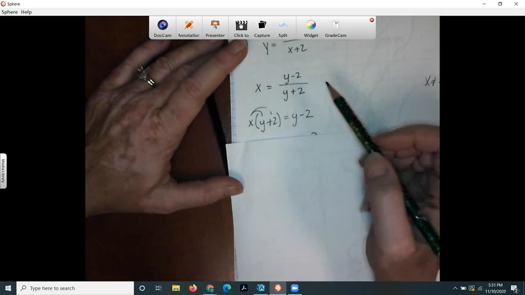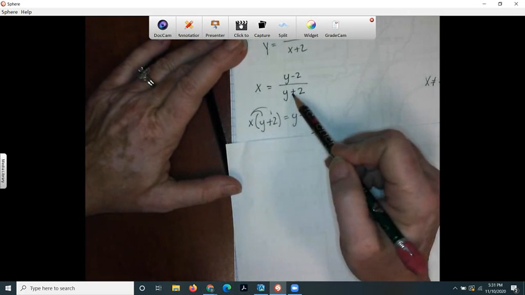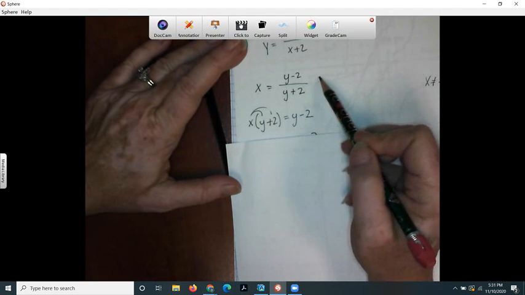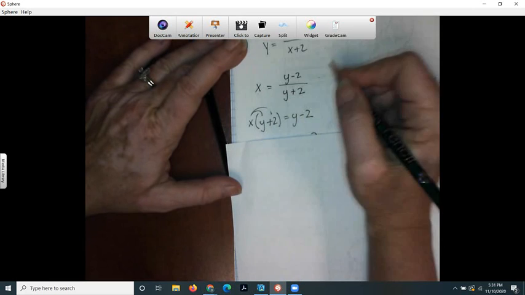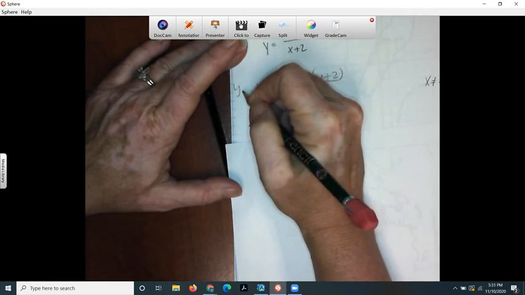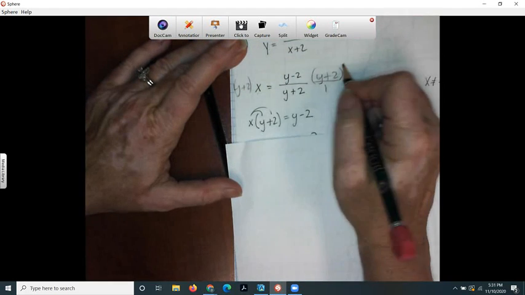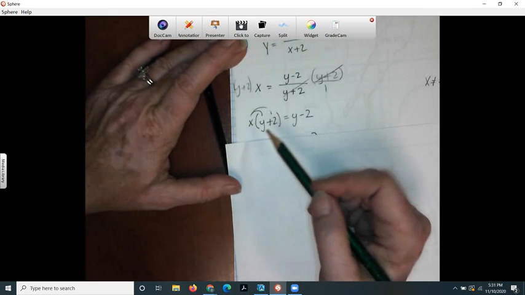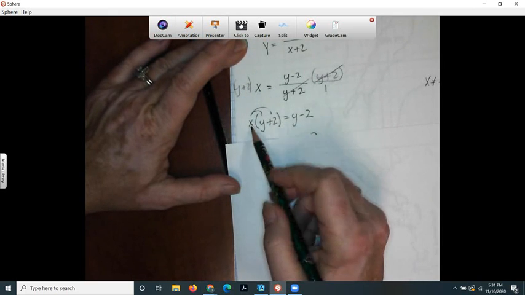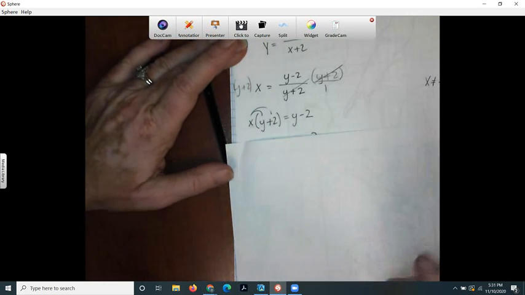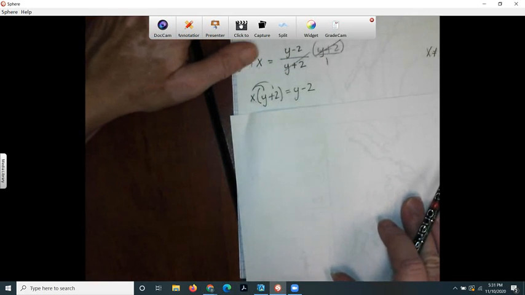So I multiplied both sides by y plus 2 to get rid of that denominator. These canceled out, and that's what's happening here. And then I have x times y plus 2. I'm going to distribute my x because I want to get all the y terms on the same side of the equal sign.